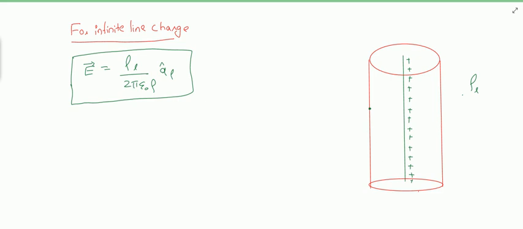Here I can use this as the Gaussian surface, because it is a cylindrical body.